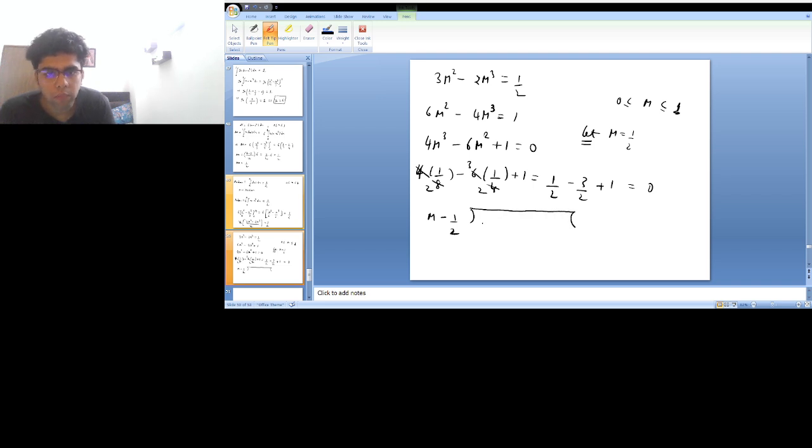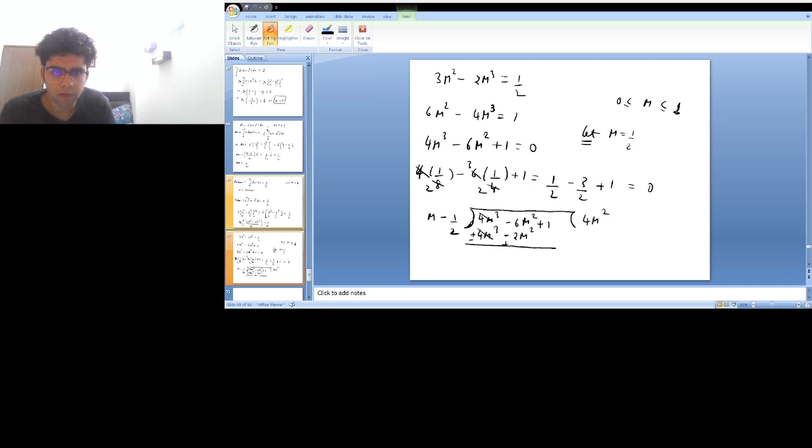If I apply long division here, 4m cube minus 6m square plus 1, multiplying the divisor by 4m square gives me 4m cube, and 4m square into minus half gives me minus 2m square.